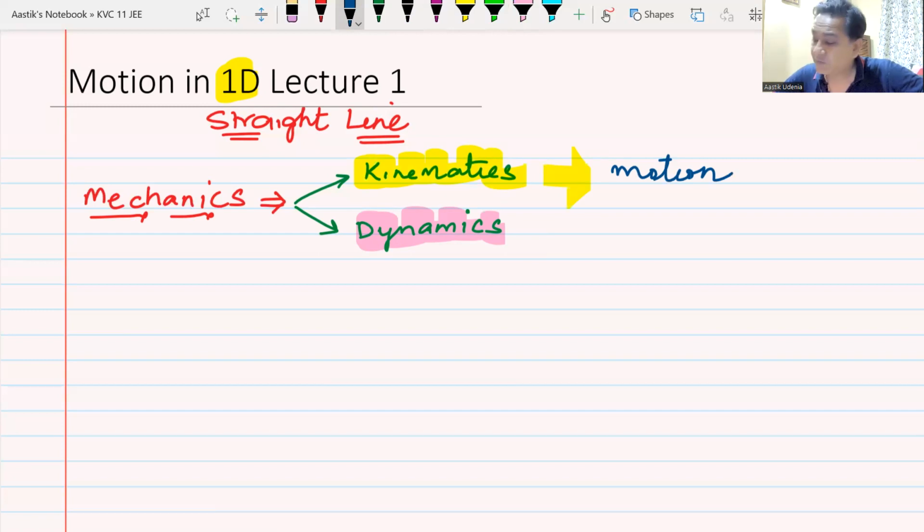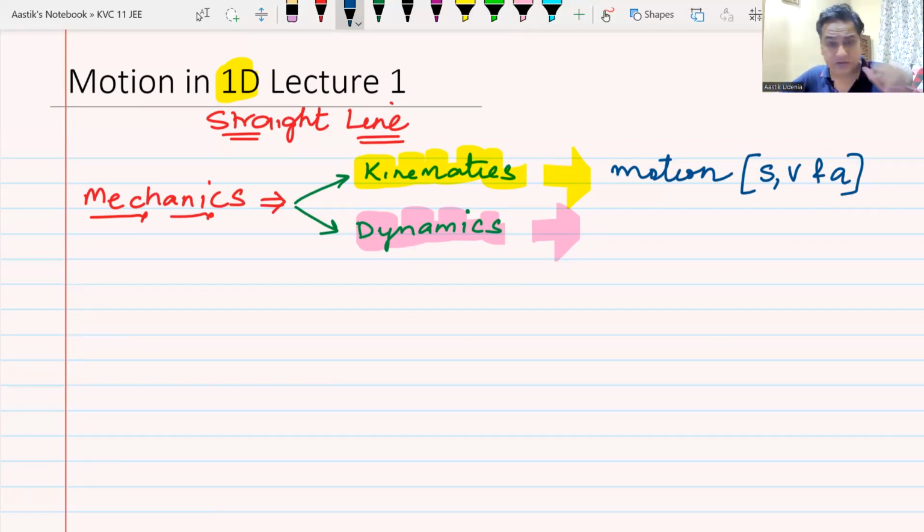In kinematics, where we are going to study only motion, we are going to study terms like displacement, velocity and acceleration. These three terms, displacement, velocity, and acceleration, are basically what we will study under the heading of kinematics.